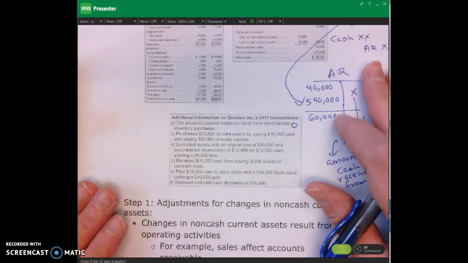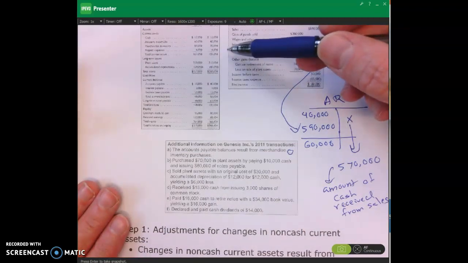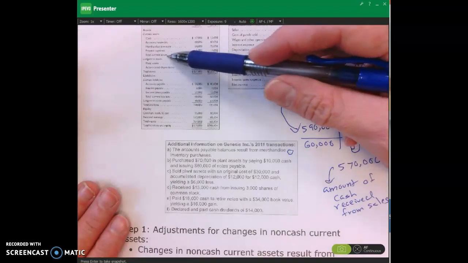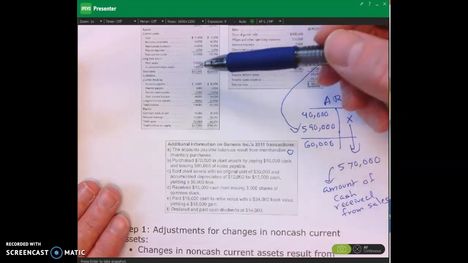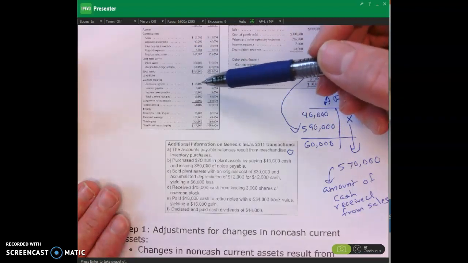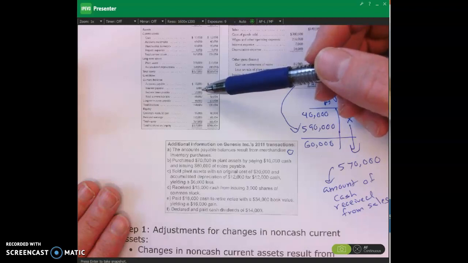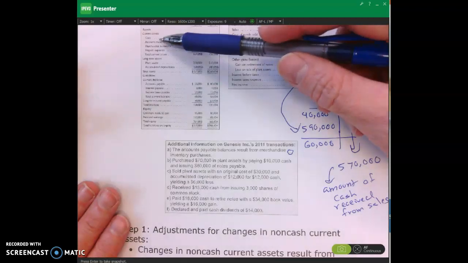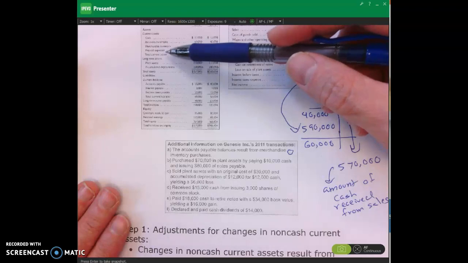Up here we have the classified balance sheet, and we can see our total current assets, so it's already divided out for us. Now in the test, I may not give that to you divided out, so you can back into it to figure it out. You have to remember what we mean by current assets. Current assets are those assets that we expect to turn into cash within one year or the operating cycle, whichever is longer. Examples: accounts receivable, merchandise inventory, supplies, prepaid expenses. Those are examples of current assets.